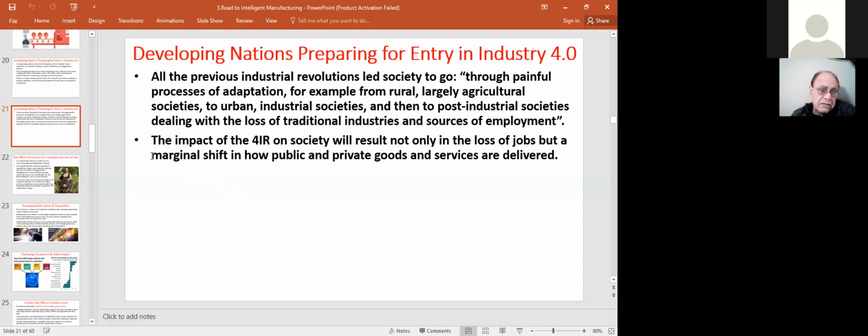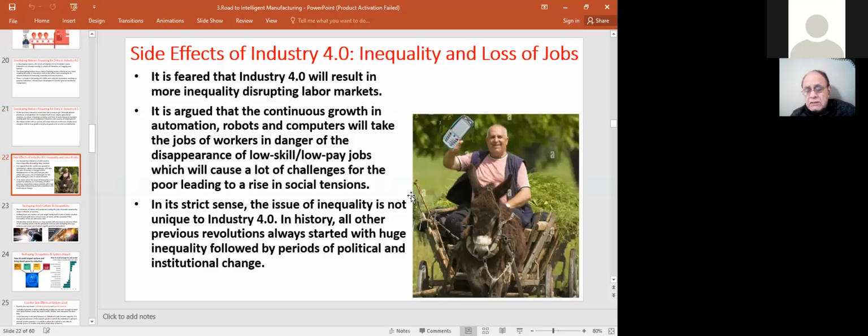I can give you an example of this donkey driver. This donkey driver has a smart mobile in his hand. So he can do the same work, transporting luggage and equipment, but in a more efficient way, taking orders on his mobile, telling people where he is, and routing his services in a better way.